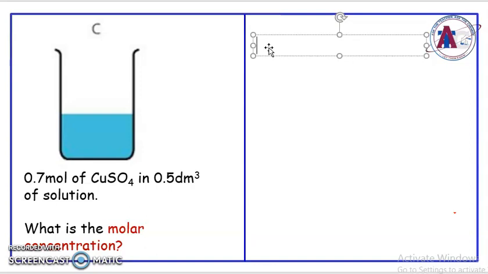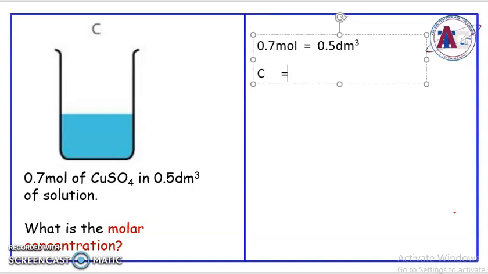We'll say, okay, if 0.7 mole is in 0.5 dm³, then how many mole of the solute will be in 1 dm³, right? Good.